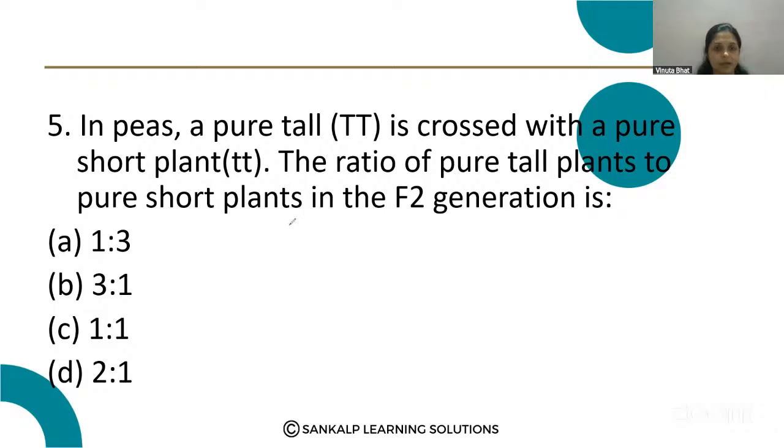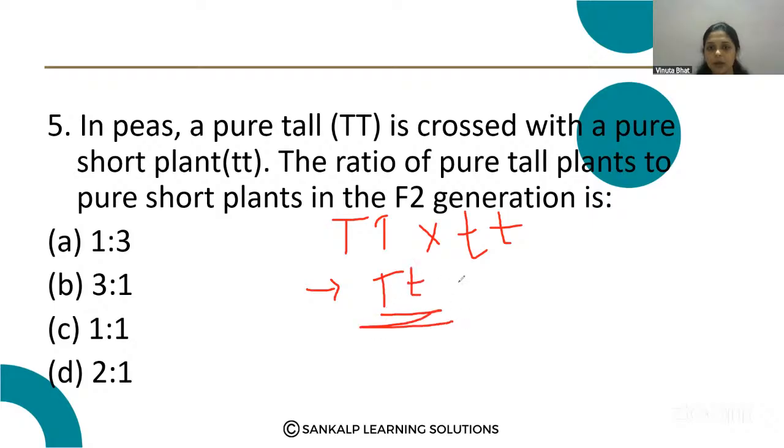Here, pure tall plant, that is TT, crossed with small t small t, right? So the F1 generation plants will all be capital T, small t. When these plants are crossed, in the F2 generation we get capital T capital T, capital T small t, capital T small t, and small t small t.